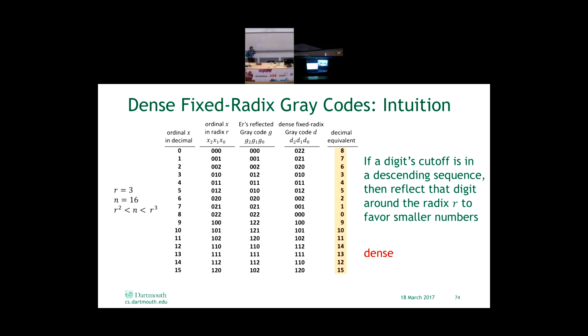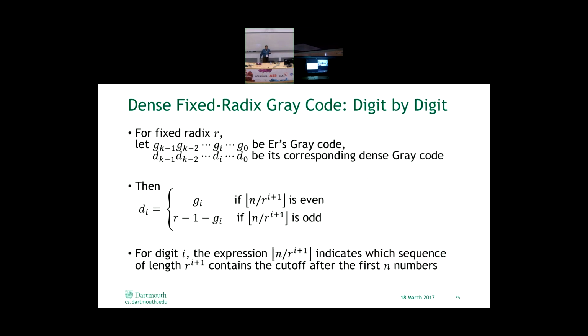The cutoff is: you take n and divide it by r to the i plus 1, the length of that sequence. If that's even, the cutoff was in an ascending sequence, so you don't reflect. And if it was odd, it was in a descending sequence, so you reflect. This expression, the floor of n over r to the i plus 1, tells you which sequence contained that cutoff. Was it an even sequence or an odd sequence?